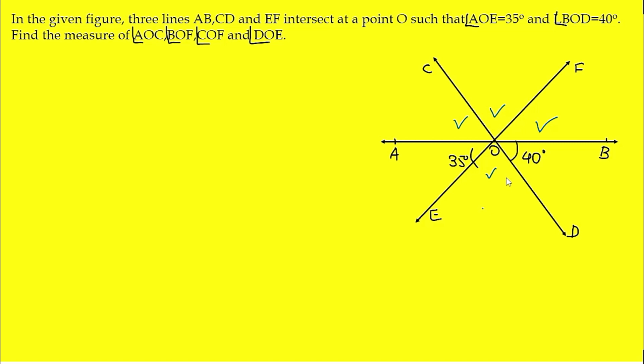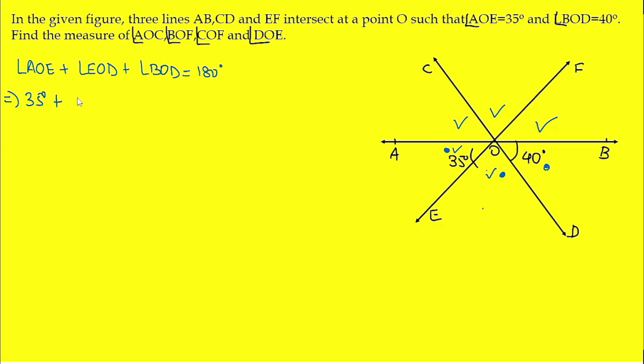Now the thing that comes to our mind is that angle AOE, angle EOD and angle BOD give us a straight angle, meaning the sum of these three angles. So we can write angle AOE plus angle EOD plus angle BOD is 180 degrees. Angle AOE is already given, that is 35 degrees.